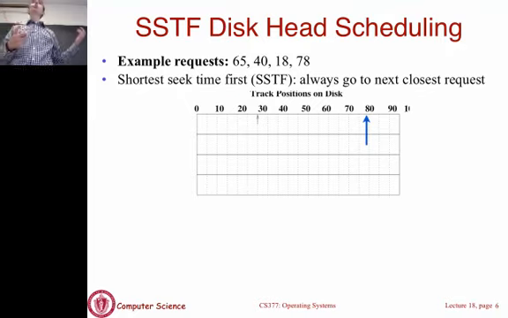Now, one thing to keep in mind about bookkeeping that's different from things we've talked about like memory management is here we're talking about scheduling disk requests. But remember that the disk is so slow compared to something like memory that we actually can still reasonably do a lot more bookkeeping for scheduling I/O requests than we can for doing something like page replacement.